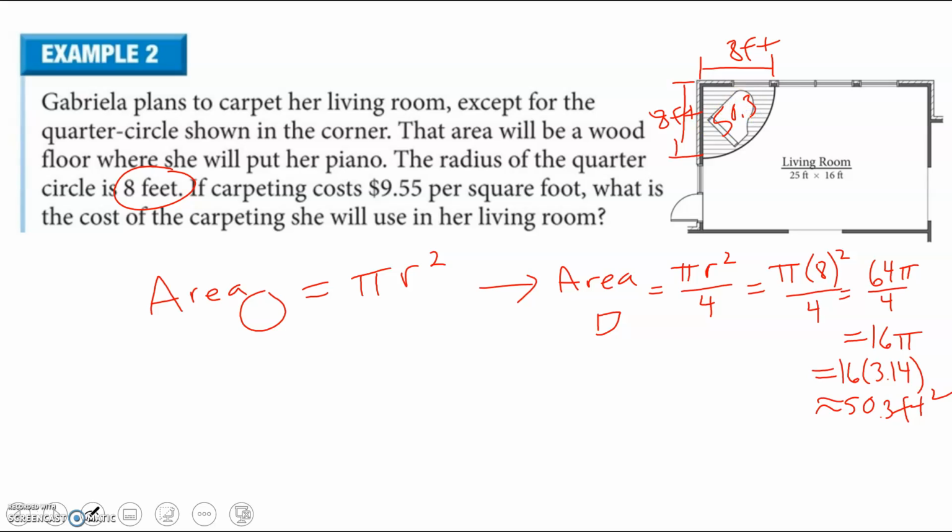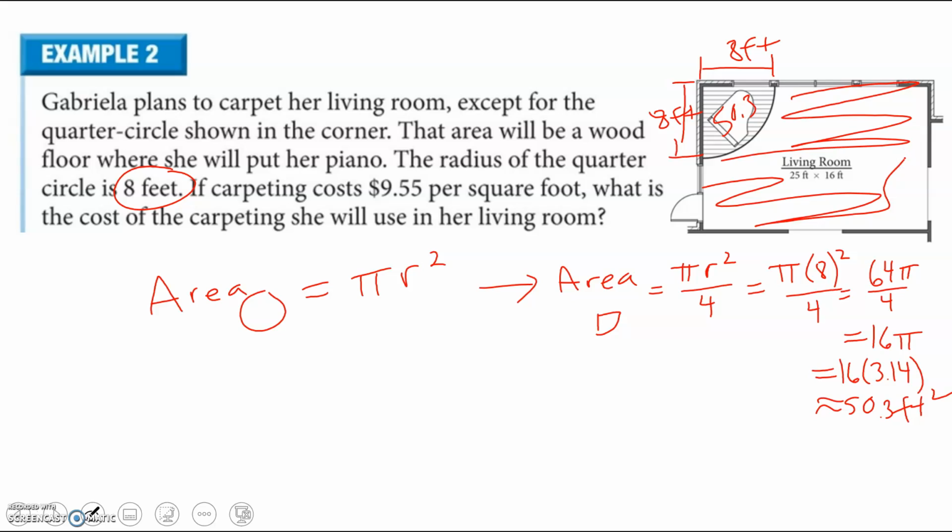Now, ultimately, she wants to carpet this space in here. So let's figure out the area of the larger room and then subtract the 1/4 circle. So we know to get the area of a rectangle, it's just length times width. So the length of the room is 25 and the width is 16.